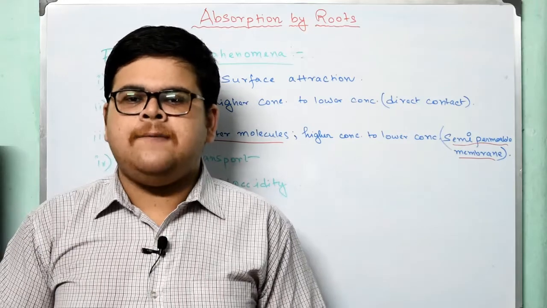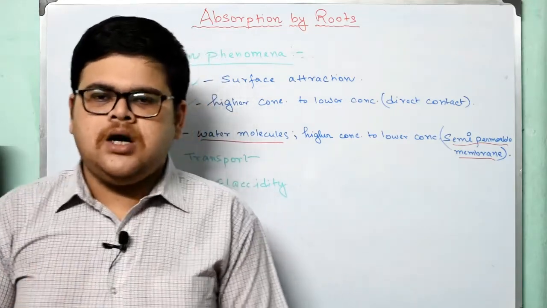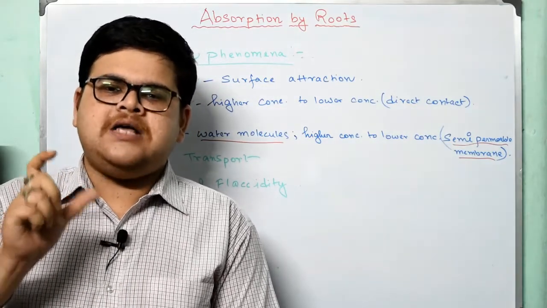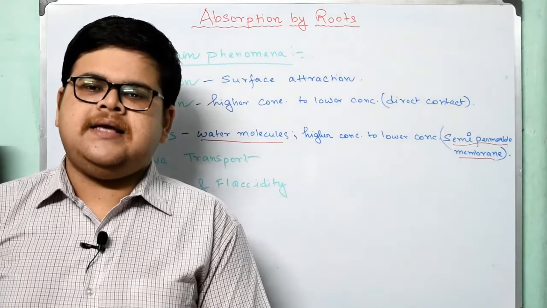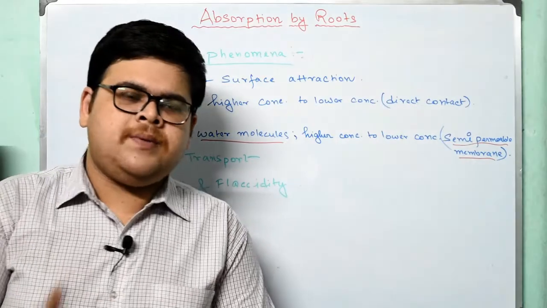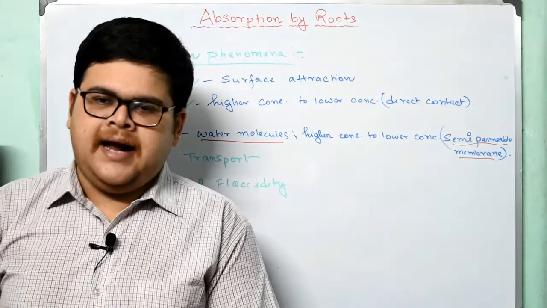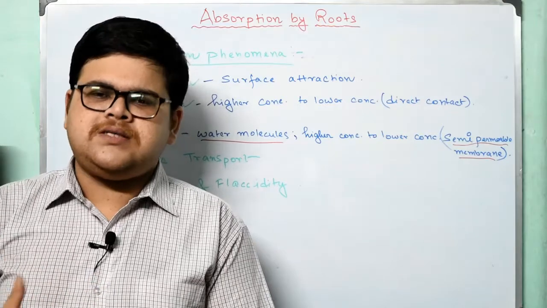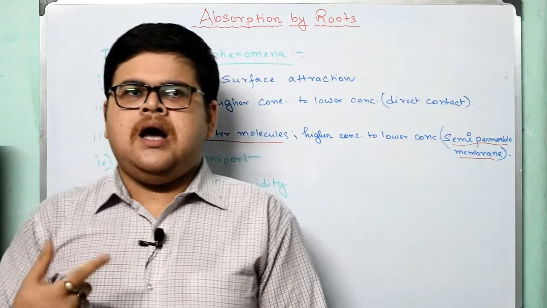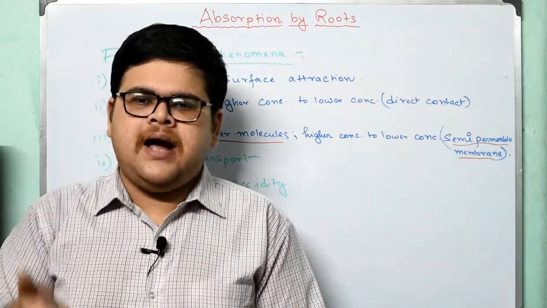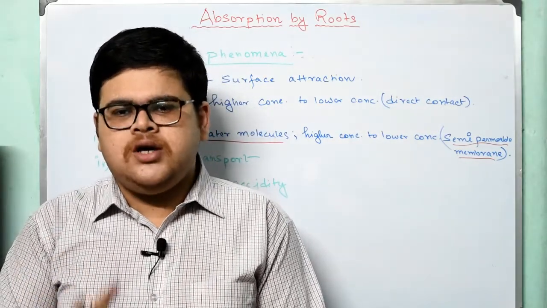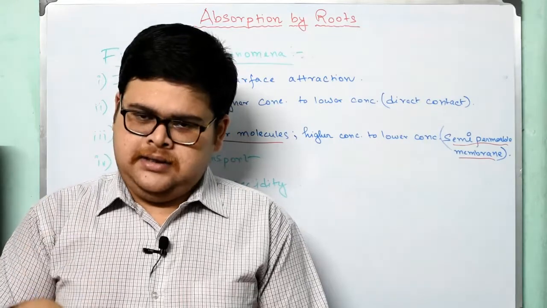So what happens is that theoretically osmosis should continue as long as the concentration level is not the same, that is, until isotonic, but in the practical case it doesn't happen. If you go through the experiments given in the previous part of this chapter, you will find that while doing the experiment, after a certain rise in the height of the column in the funnel, even if the concentration is not equal, osmosis stops.